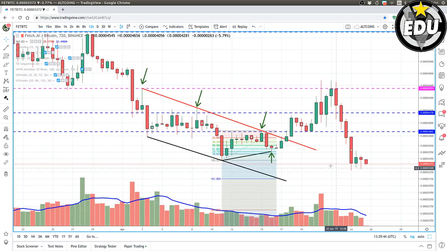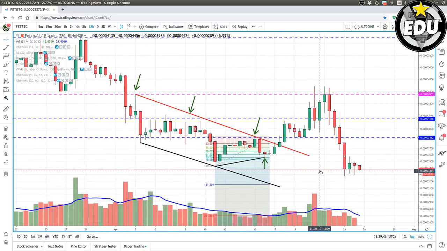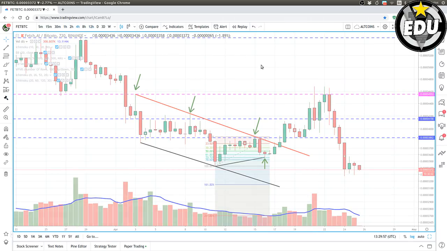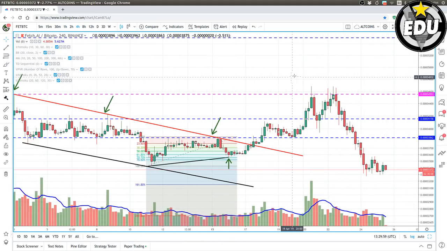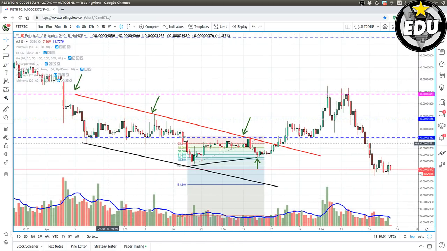Here we go. And I can still do those studies on the higher time frame if I want. But if you want to be more precise, you can even go closer, but the levels won't change, of course. Actually, you might get a little bit more confused on the lower time frame.